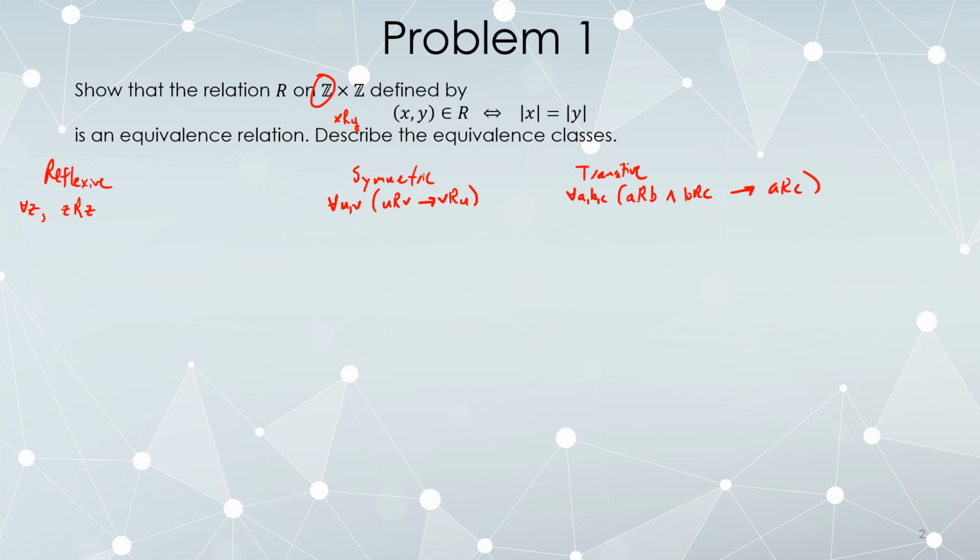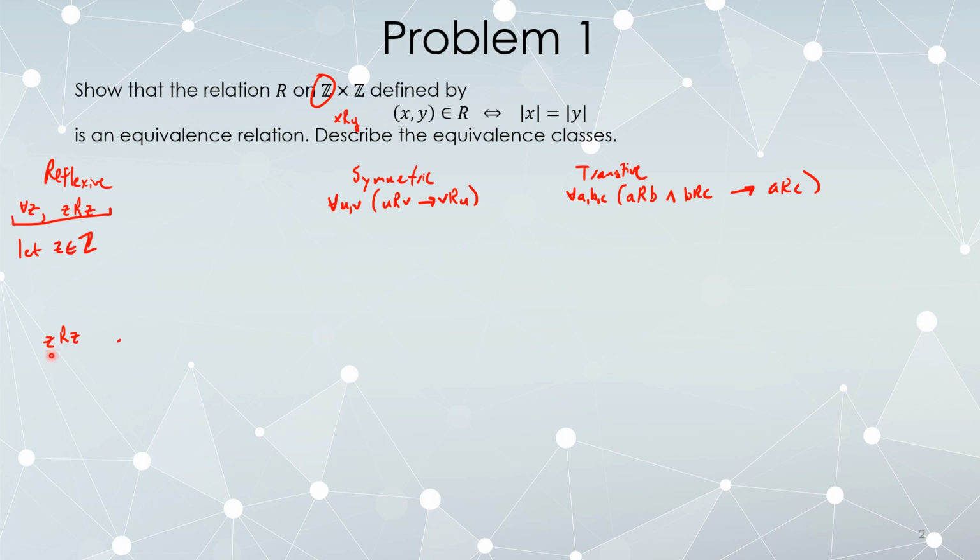First, reflexivity. Here's the definition of what we want to prove. The first thing we'd say is let z be an integer. We now need to show that z is related to itself. How do we show one number is related to another?